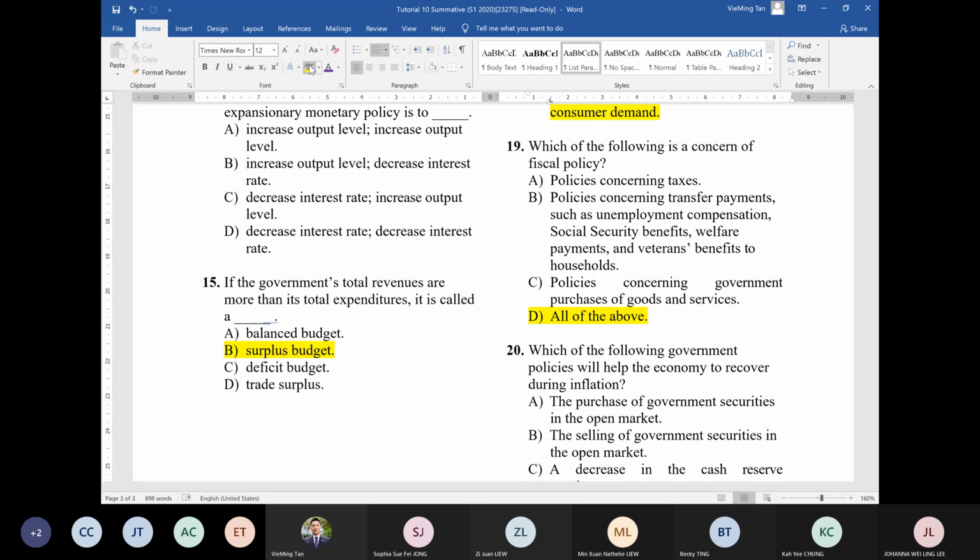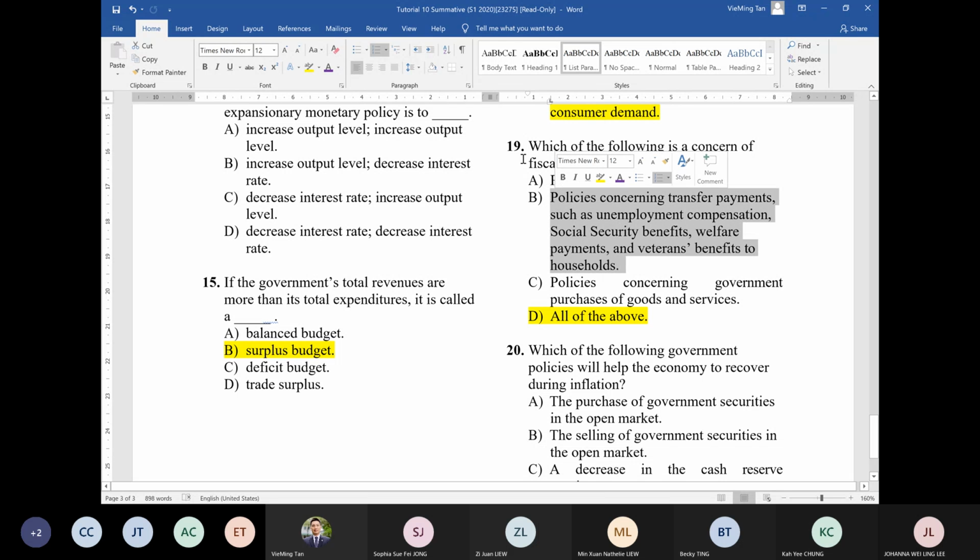Transfer payments, social security benefits, welfare payments: these will increase the G. And this is also under G. All right, so it is under the fiscal policy.